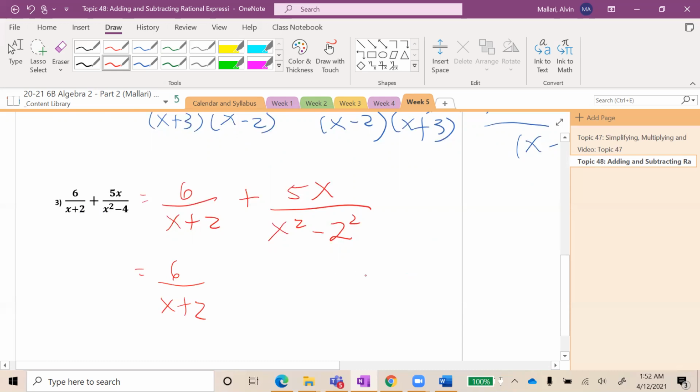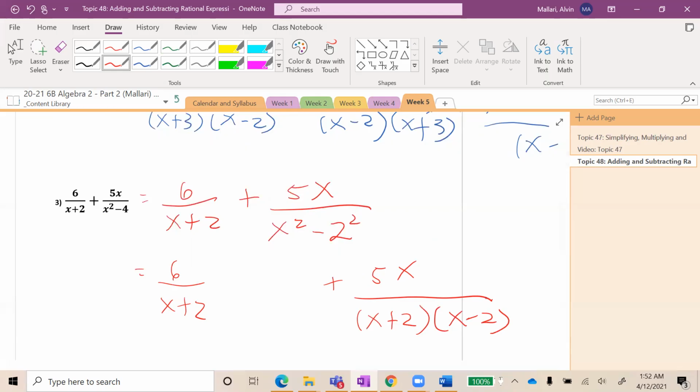Let's factor x squared minus 2 squared. That would then be the product of the sum and difference of the two binomials. All right. So the LCD is going to be x plus 2 times x minus 2.